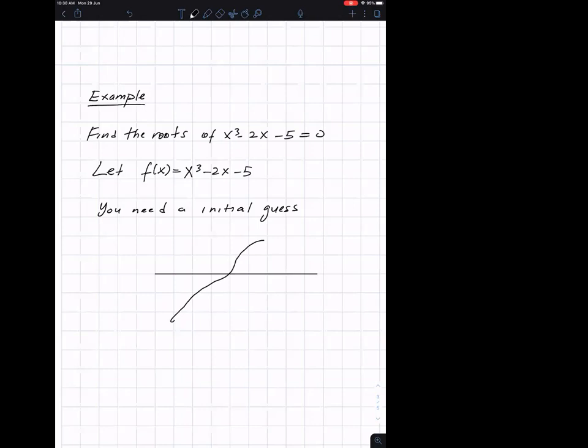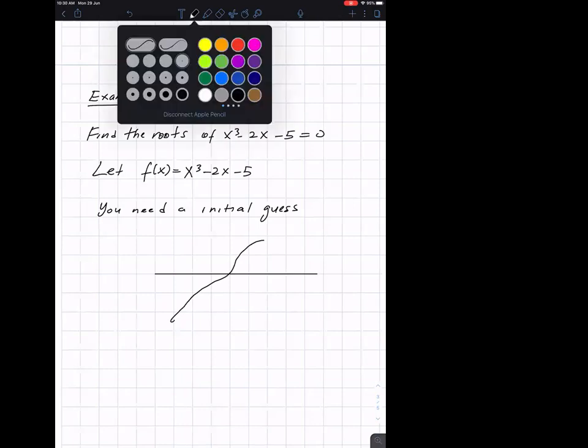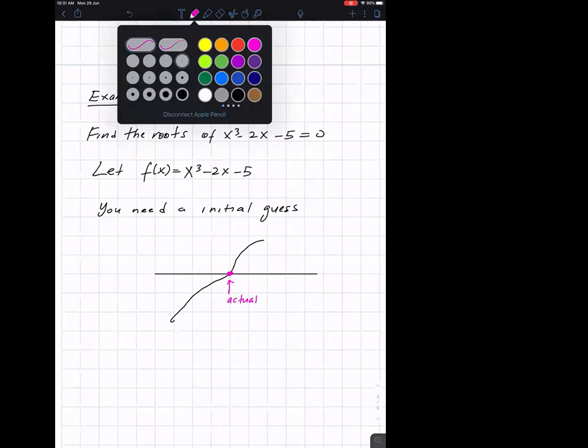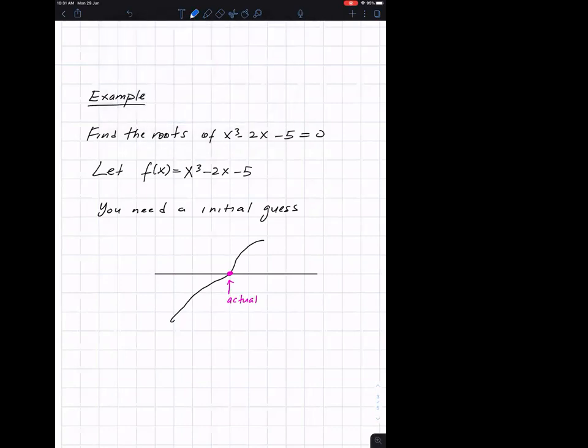It's crossing somewhere here, and this is the actual root. And you can find an initial guess.